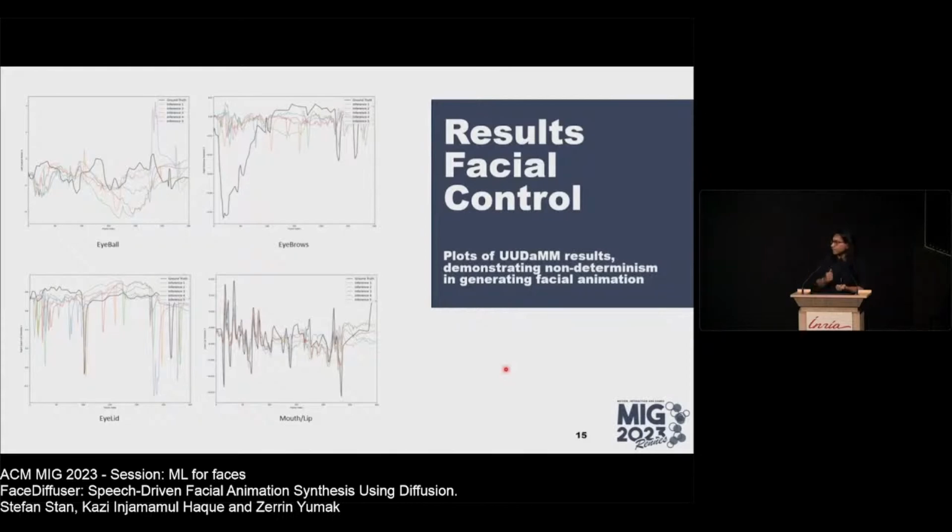And the colorful plots of the mouth and lip region do more or less follow the ground truth data, whereas the eyebrows and the eyelids are pretty random, not necessarily following the ground truth data. We will see some visual, qualitative results related to this in one of the later slides.